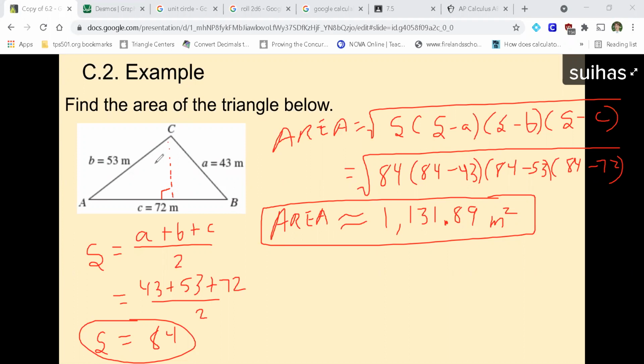Or a shortcut for that was the shoelace formula, which was still a pain. Now you could do this in like 15 seconds to type that in, 30 seconds. Isn't that nice?